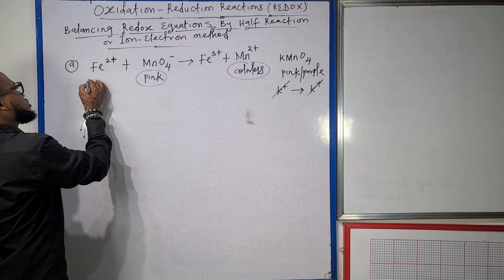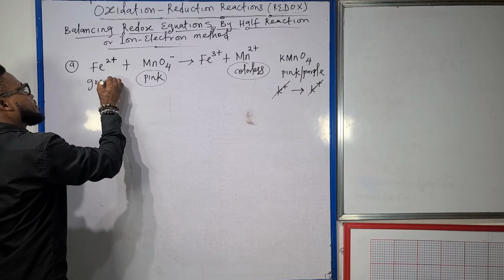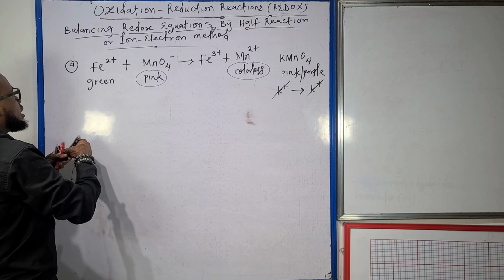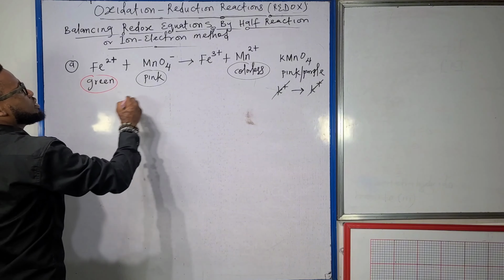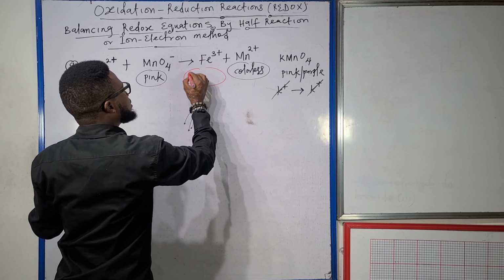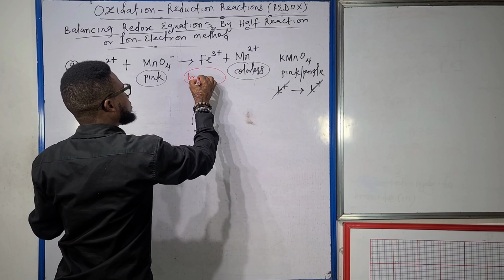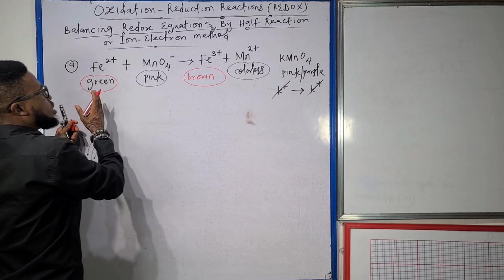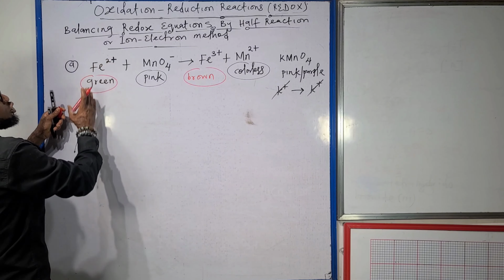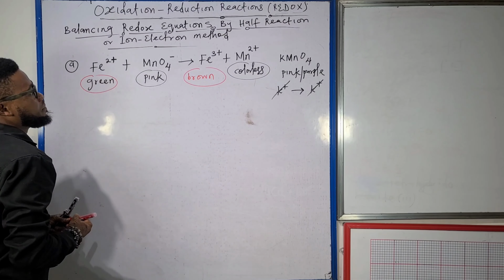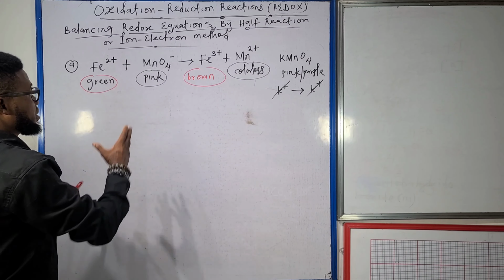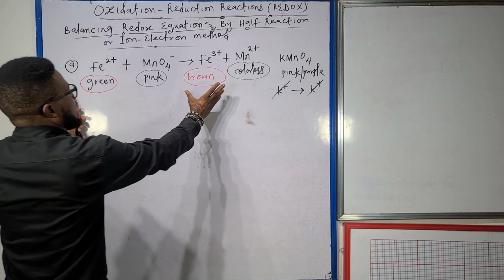Iron 2 ion is green, and iron 3 ion is brown. So you have a case of the green iron 2 ion changing to brown iron 3 ion. That is what this speculates.